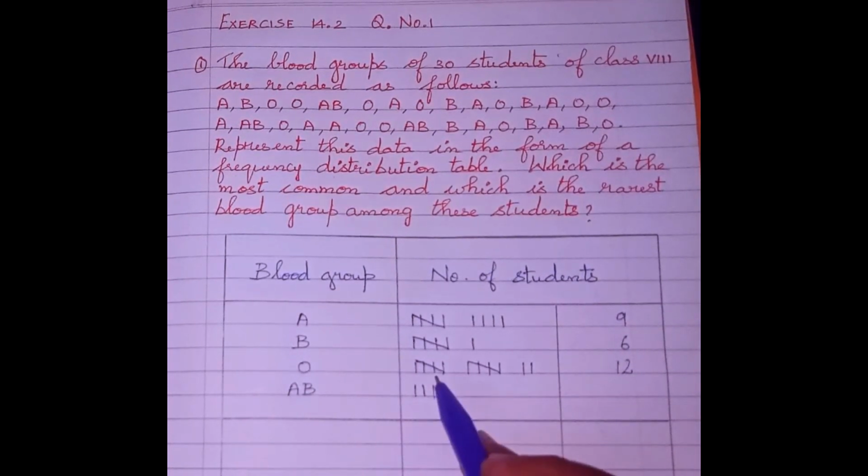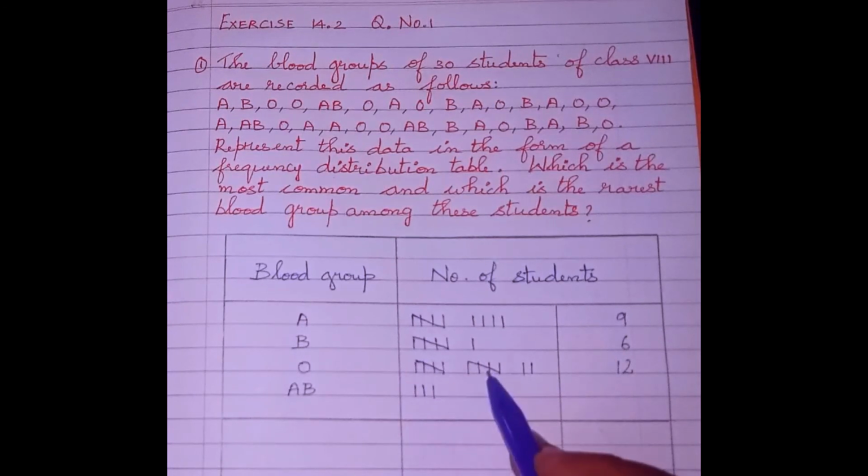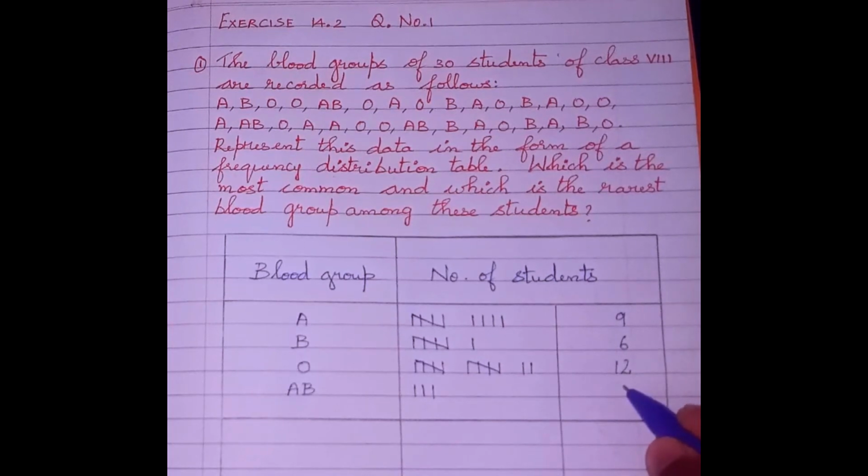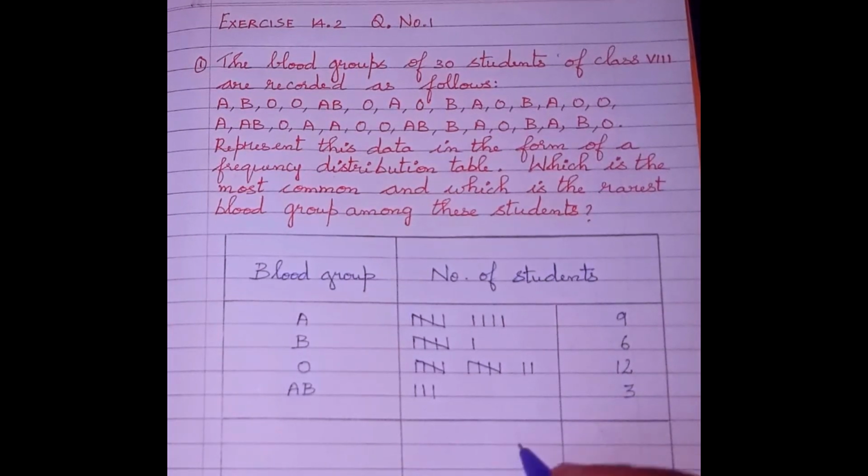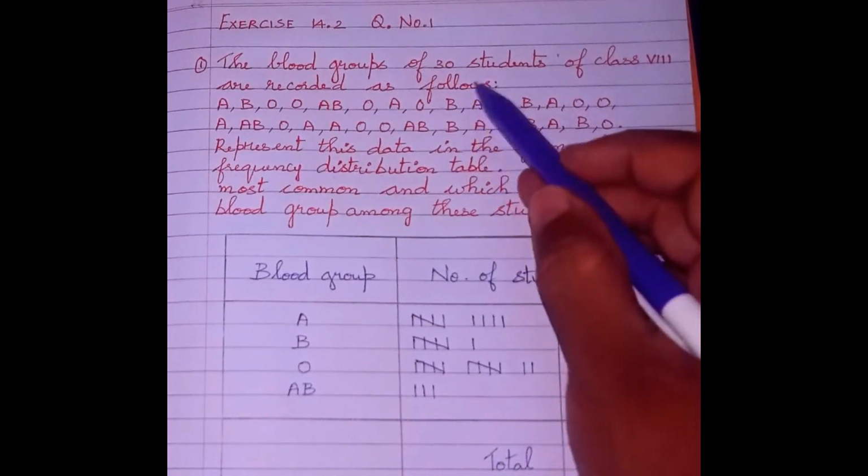Now you can see that this crossing over the 5 is making our addition easier, because when we see this we immediately know that it is a count of 5. That is why we are using this cross line to make the addition process easier. Then the last one is 3. Now the total number of students, there were 30 students in the group.